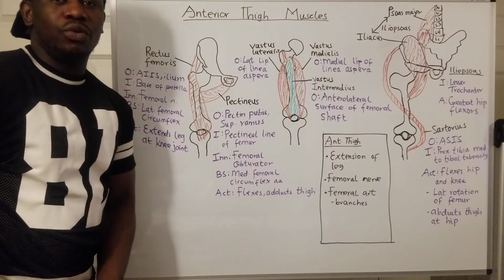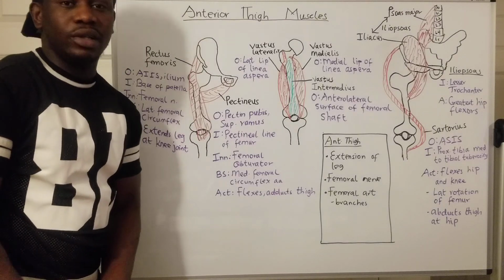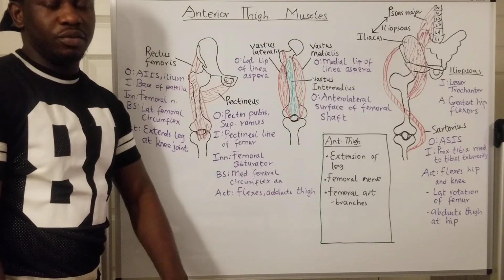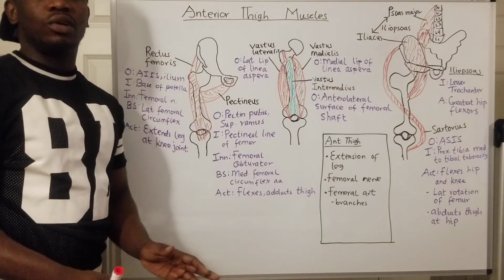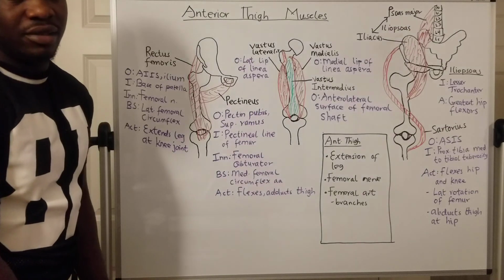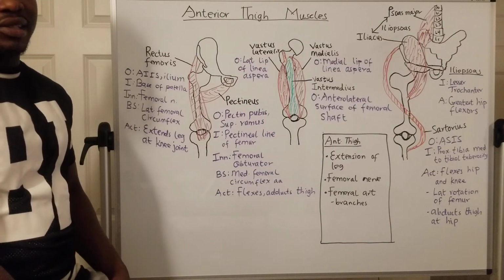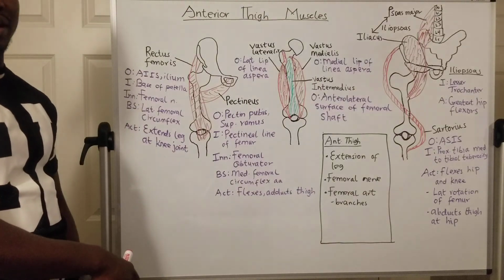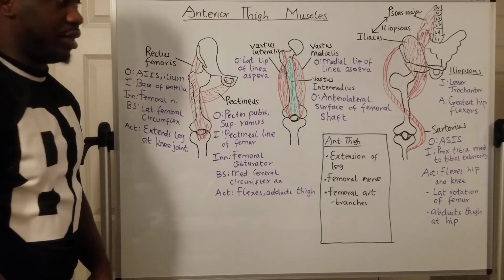So the nerve which innervates all the muscles in the anterior thigh is the femoral nerve. Generally, the muscles of the anterior thigh are responsible for extension of the leg at the knee joint. All right, so it helps to extend the leg at the knee joint.